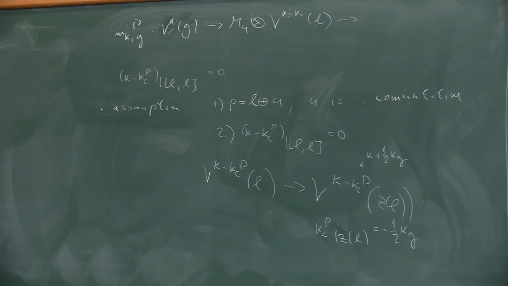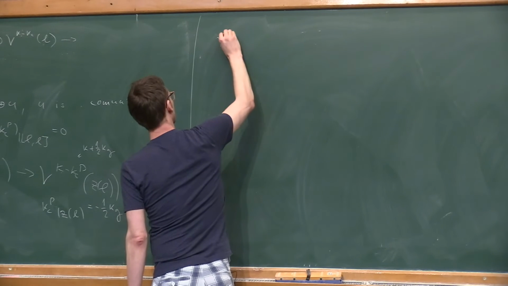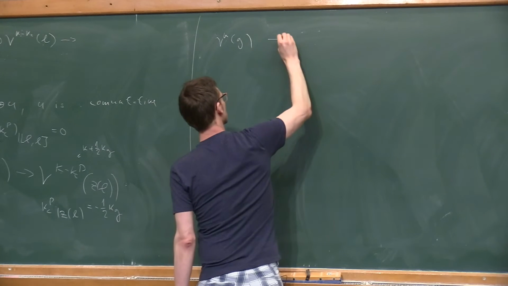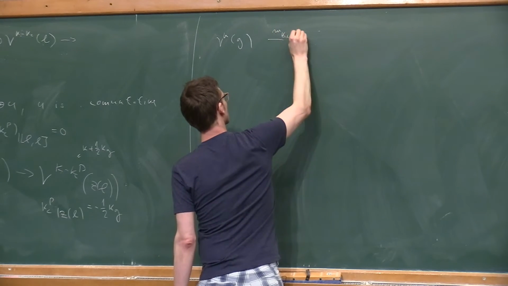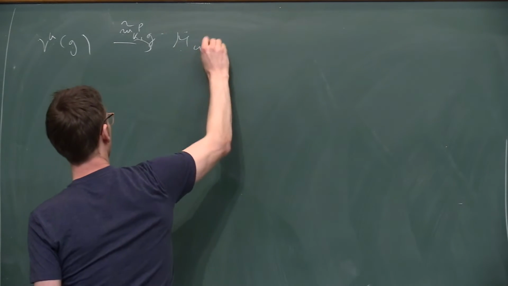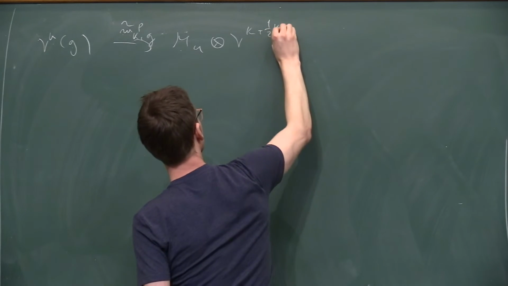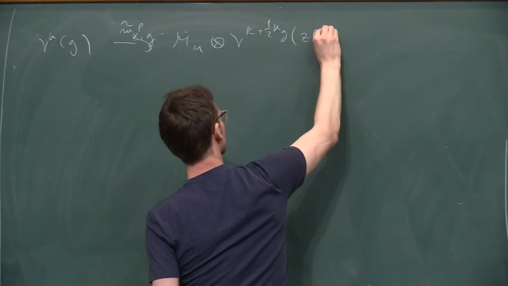And why is this important? Because now we have this mapping, the Eigen-Frenkel, tensor product of the two vertex algebras times k plus 1/2 k_g for the center.